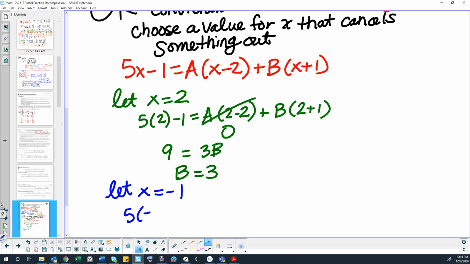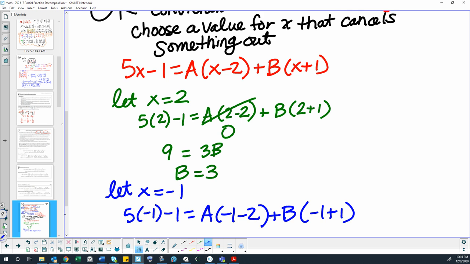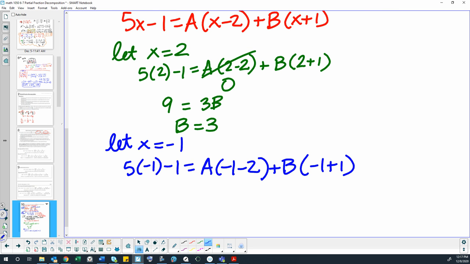So then we do 5 times -1 minus 1 equals a times (-1 minus 2) plus b times (-1 plus 1), which gives us -5 minus 1, -6, equals -3a and 0. So -6 divided by -3 means that a equals 2.